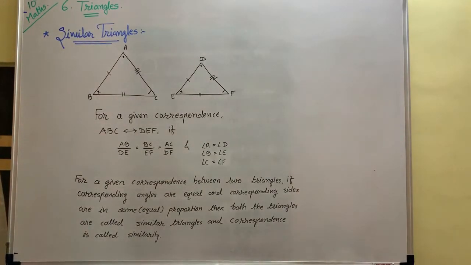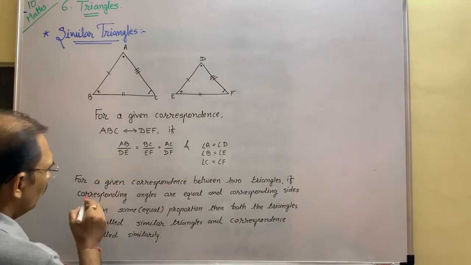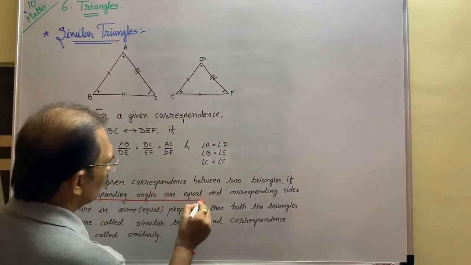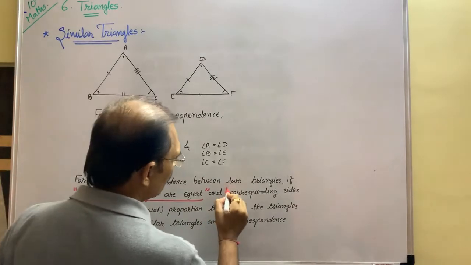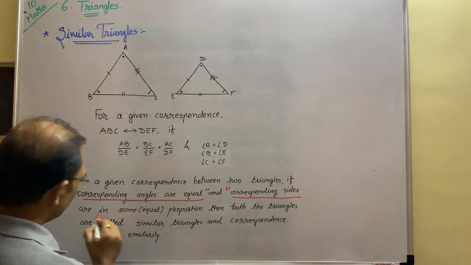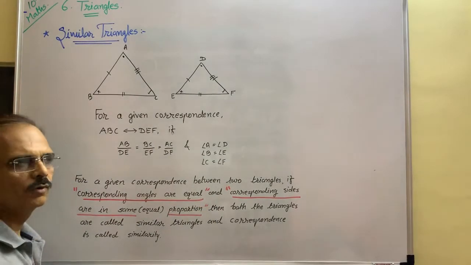Two conditions are there that you have to learn. For given correspondence between two triangles, the first condition is what? First condition, corresponding angles are equal. And second condition, corresponding sides are in same proportion or equal proportion.